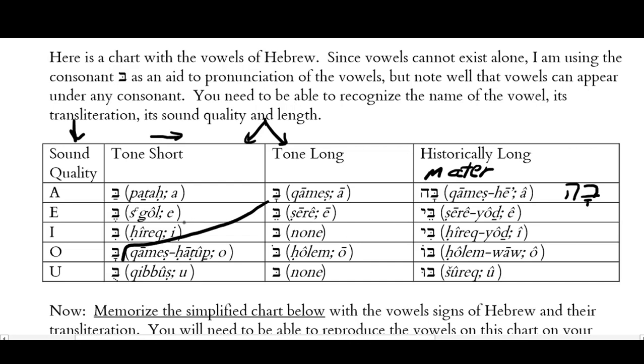Now, over here we had a short hiriq. We had no tone long I vowel, but we do have a historically long I vowel, and it is called hiriq yod. Not just hiriq and not just yod, but a combination together. Hiriq yod forms one vowel. The I with the pointy hat, that is how you represent this. The vowel is pronounced E, and with the bet, bee.